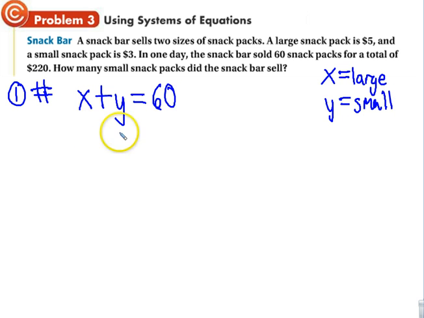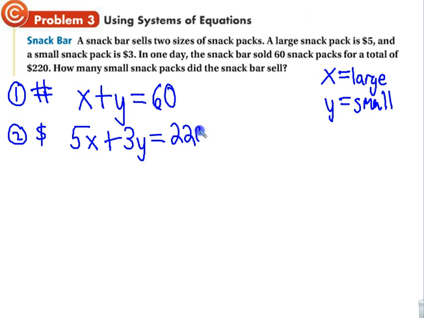So that's one equation. The other equation is based on the cost of each one. So $5 for the large one plus $3 for the small one is equal to 220. Those are our 2 equations. Solve the top equation for whatever: y equals negative x plus 60.